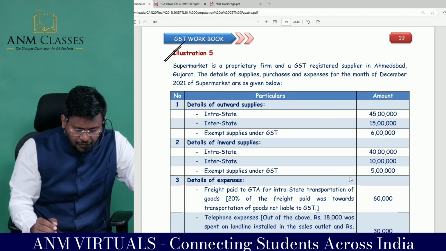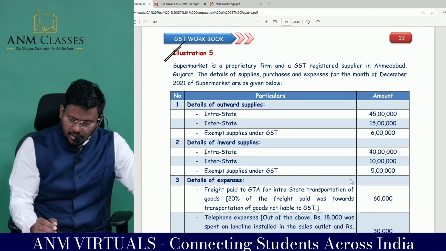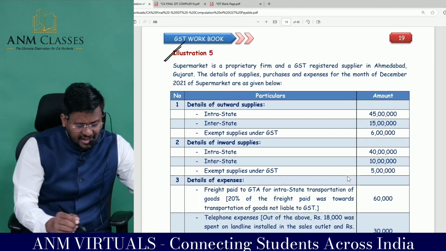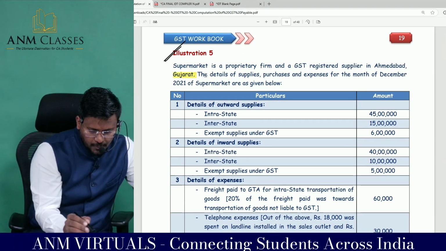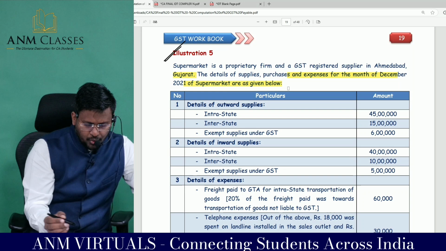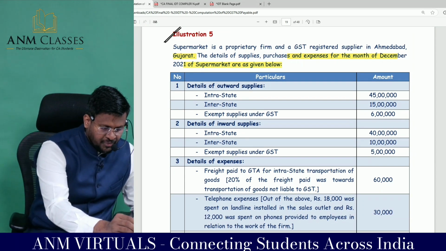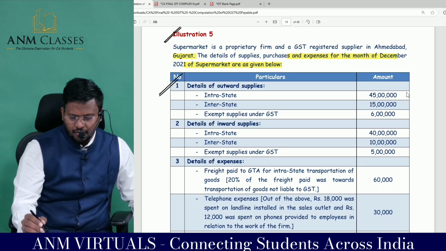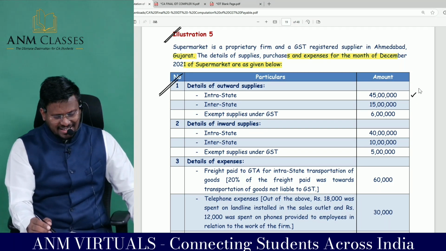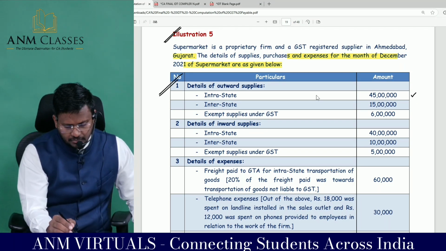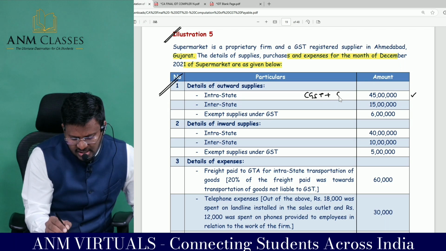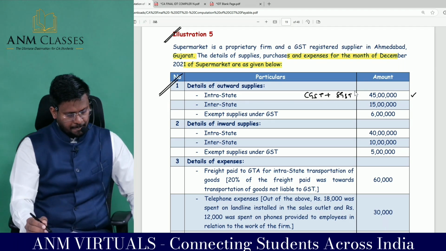Supermarket is a proprietary firm and GST registered supplier in Ahmedabad, Gujarat. The details of supply, purchases and expenses for the month of December of Supermarket are given below. Details of outward supply, intra-state supply 45 lakh. For this intra-state supply, CGST and SGST has to be collected.